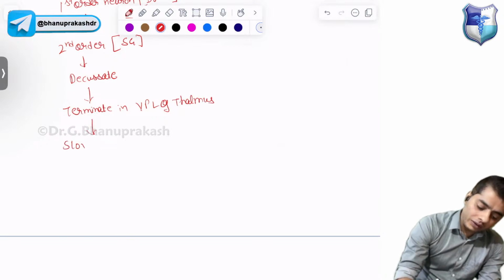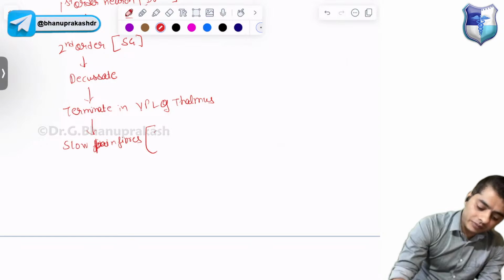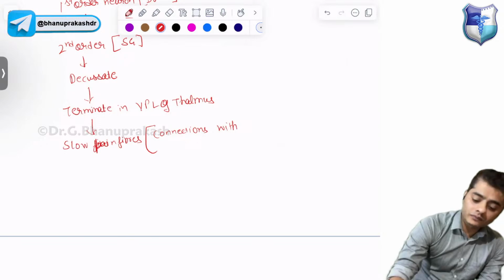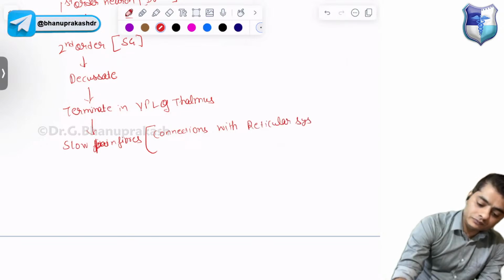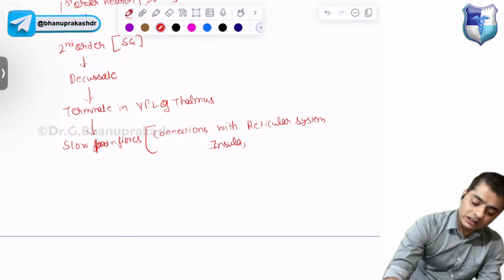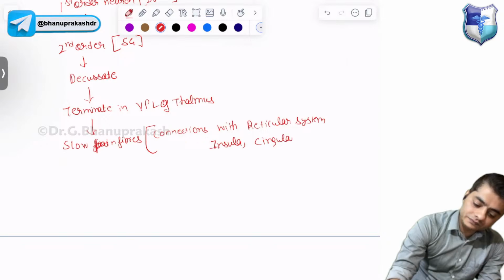Then slow pain fibers have some connections with the reticular system, with insula, with cingulate gyrus.